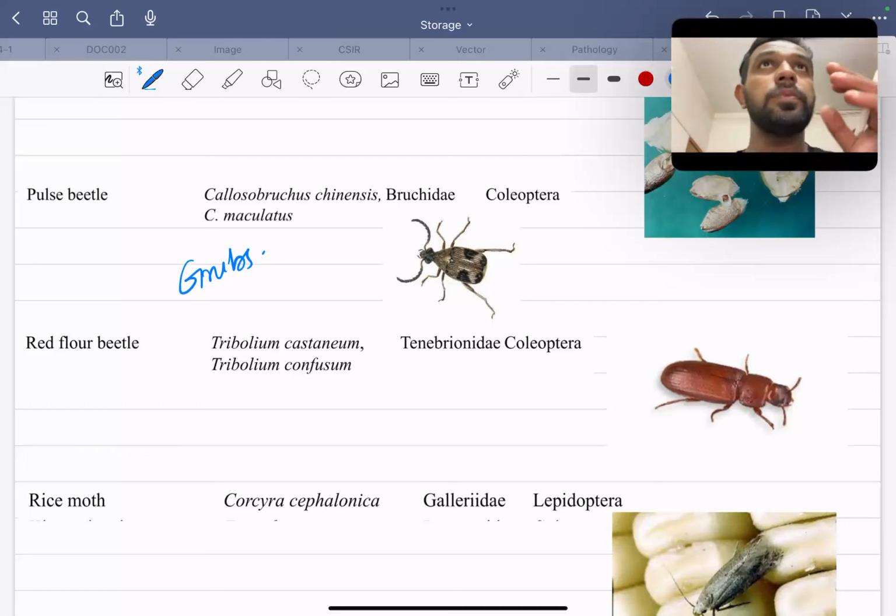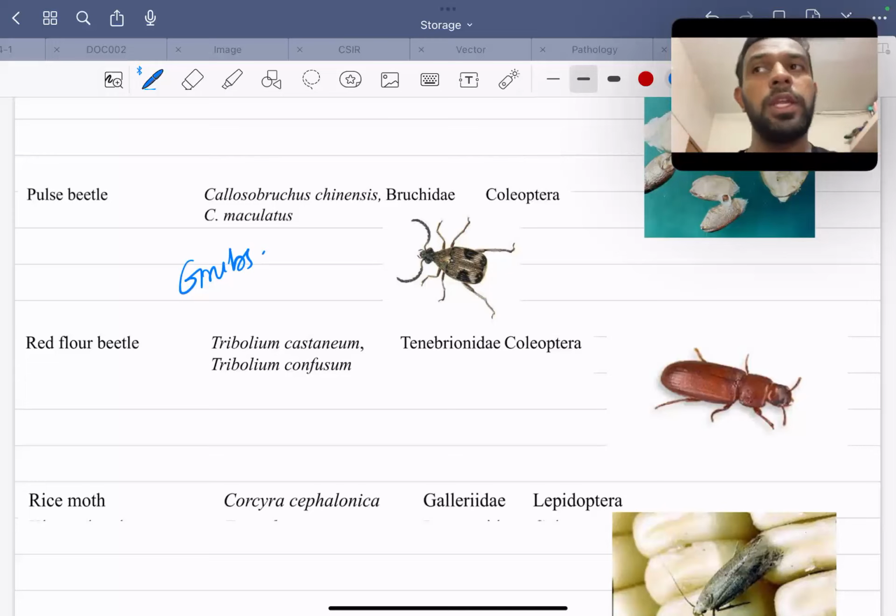They feed entirely, and the grubs feed majorly on milled products. The flour beetles are secondary pests of whole grains and primary pests of flour and other milled products.